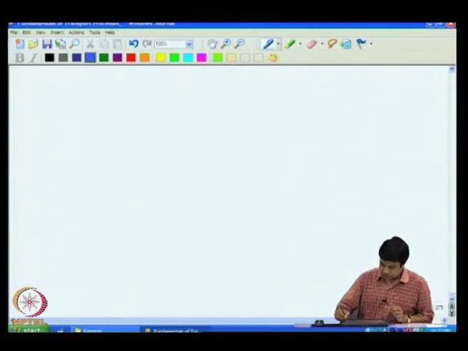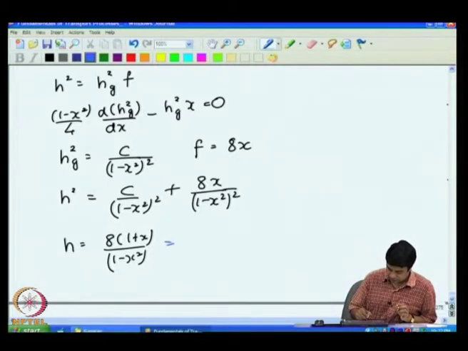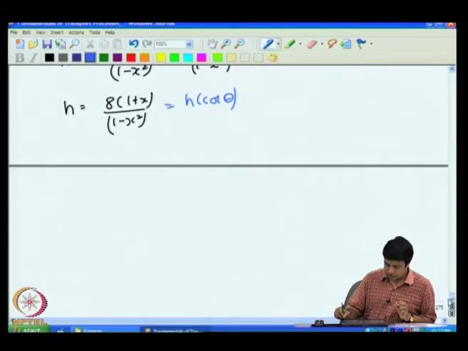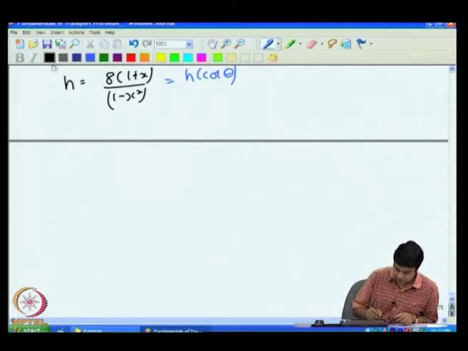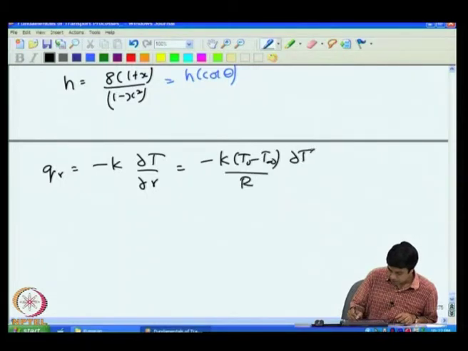So, this basically determines the solution for h of theta, which is equal to h of cos theta. Now, I can determine the Nusselt number relation as usual. The heat flux radially outwards, Qr, is equal to minus k dT by dr, which is equal to minus k into (T naught minus T infinity) by r, partial T star by partial r star.